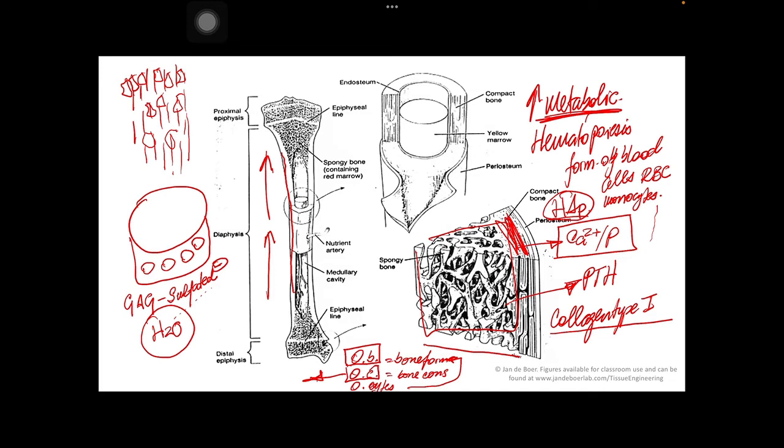And these osteoclasts are derived from myeloid precursors. And these are a type of white blood cells that give rise to monocytes and macrophages.